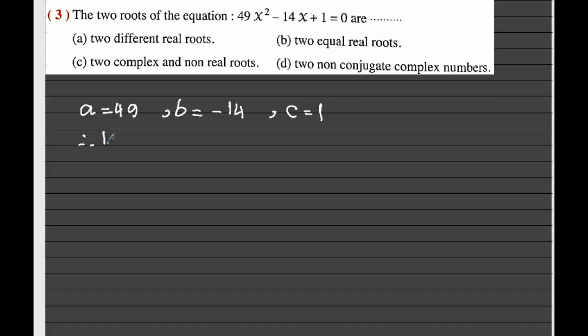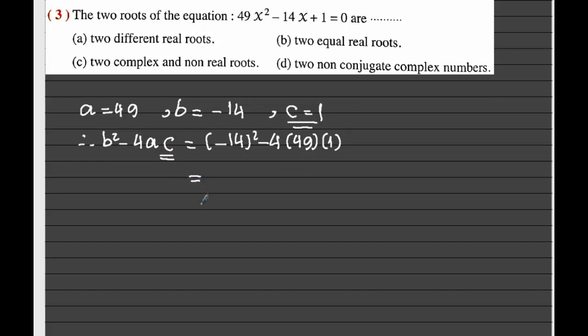So b squared minus 4ac equals negative 14 power 2 minus 4 multiply 49 multiply c, and c equals 1.